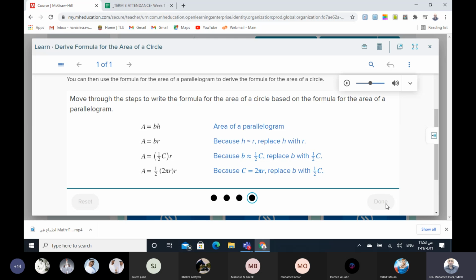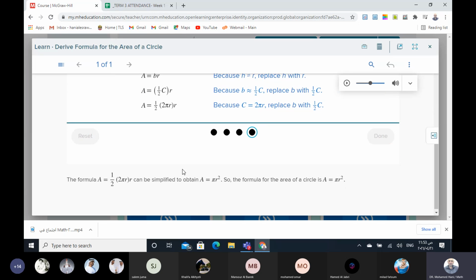But from the last lesson, you know the formula of the circumference equals 2 pi r. So substitute the value of c, 2 pi r. Now 2 times half will be 1. And r times r will be r squared.